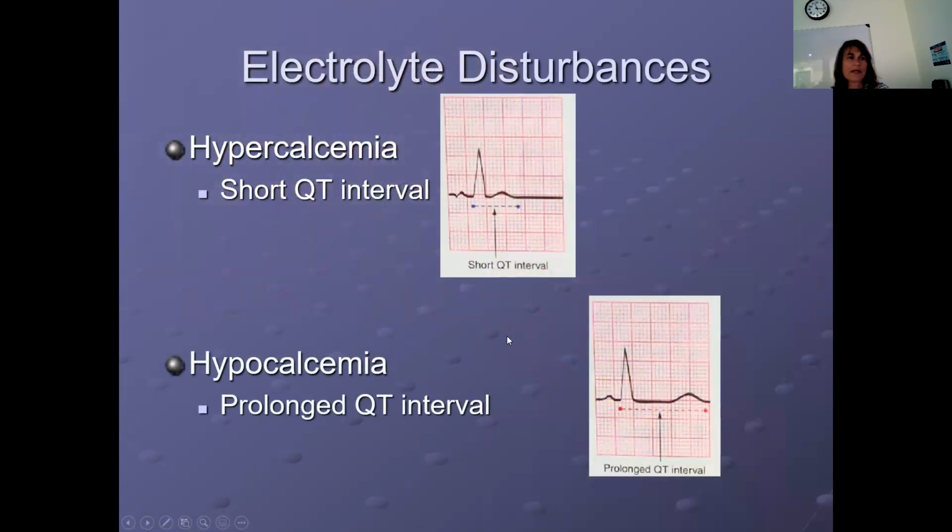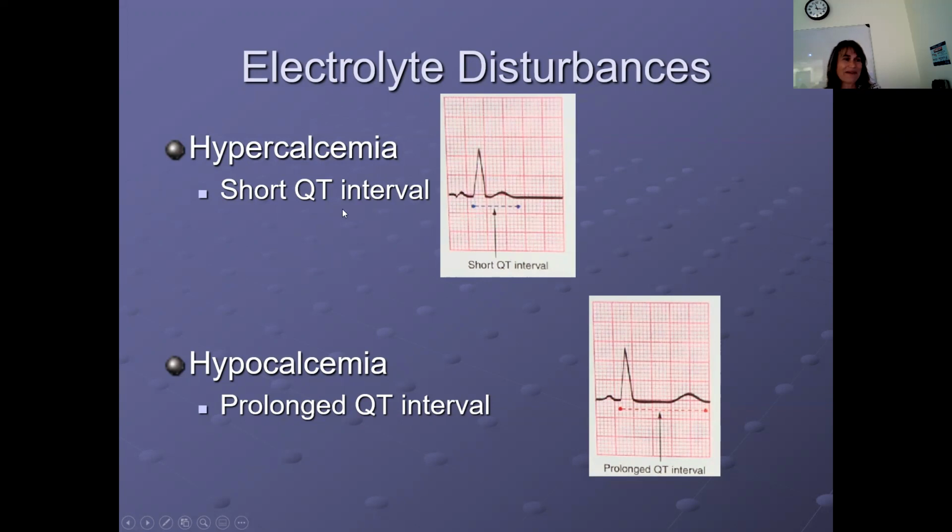All right, the next one is high calcium and low calcium. Having a lot of calcium, the QT interval is shorter than normal. I don't know, here it looks regular, but I don't know how to make this memorable.